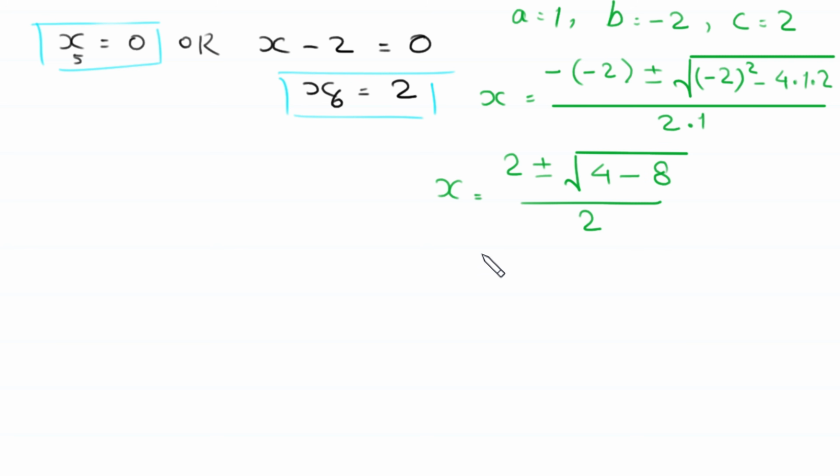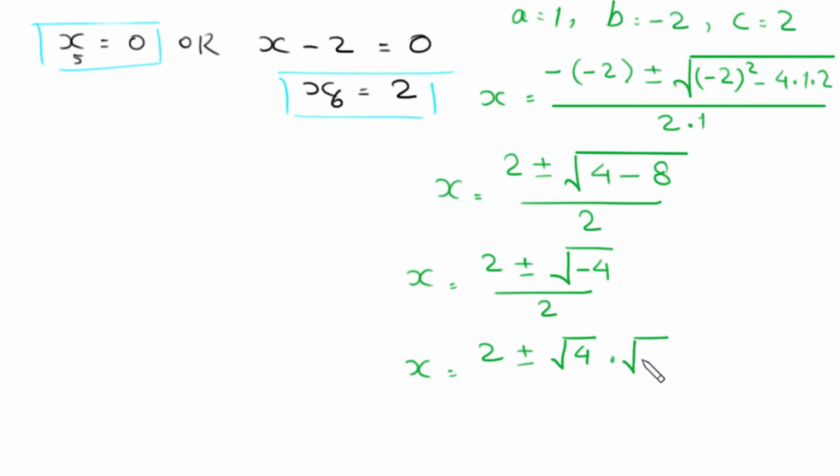Next x is equal to 2 plus or minus square root of 4 minus 8 is negative 4, divided by 2, and x is equal to 2 plus or minus, this square root of negative 4 can be written as square root of 4 times square root of negative 1, divided by 2.